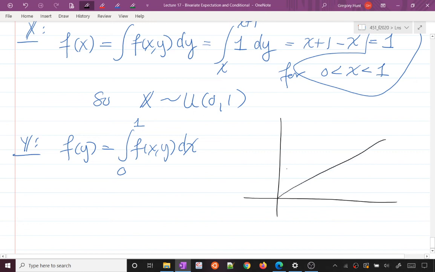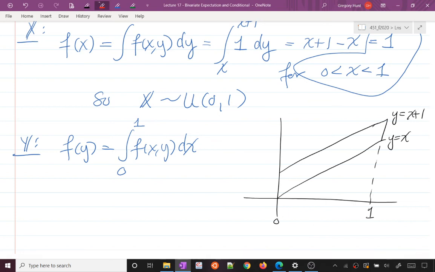So here was our picture, and this was the line y is equal to x. This is the line y is equal to x plus 1. This was 1, this is 0. So at each value of y that we pick, we're integrating this way across.